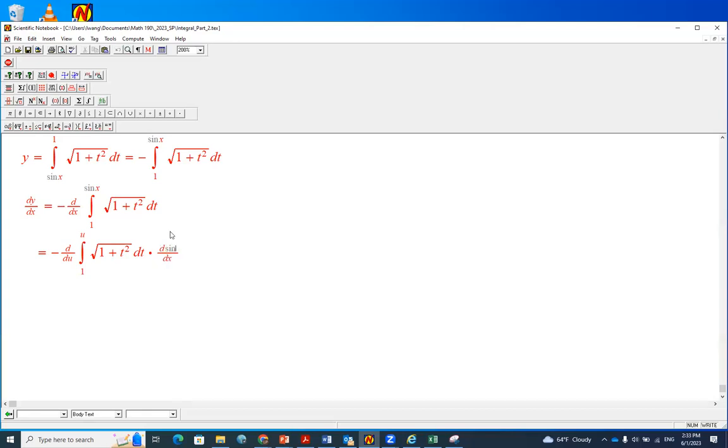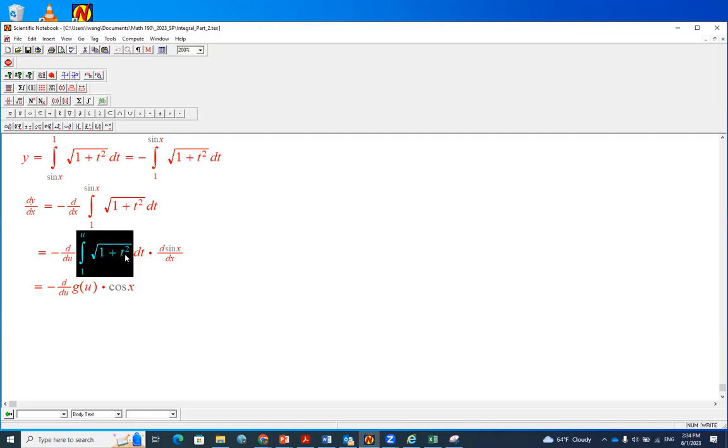And the u, of course, is sine x. You can do it this way, which I used to teach. And then of course, for this part, is a derivative of g of u, multiply that piece, of course, that's the cosine x.